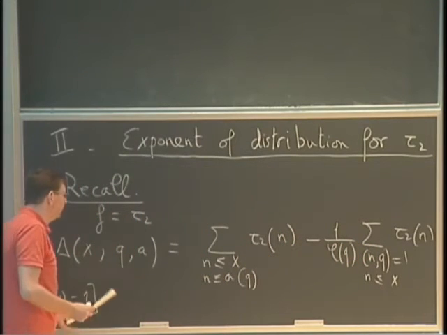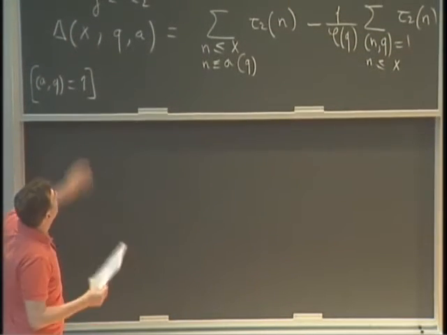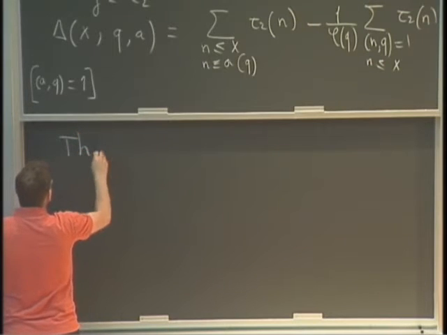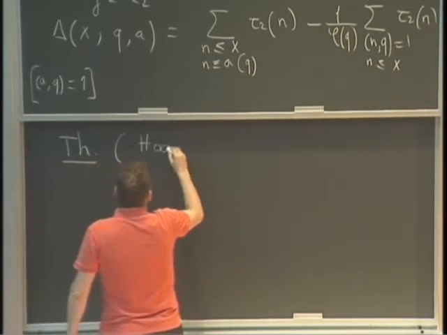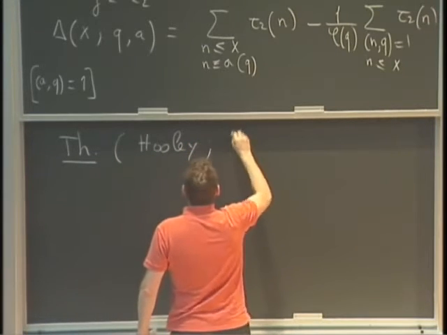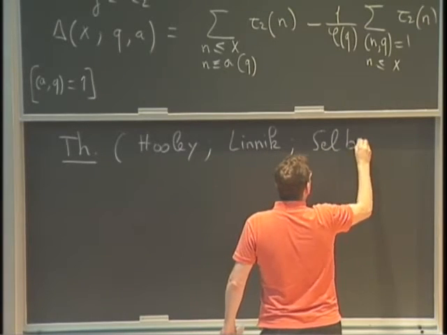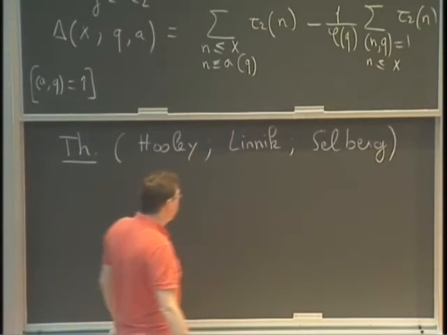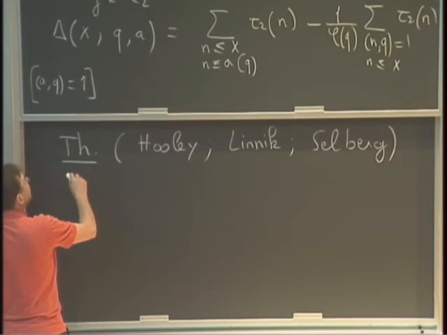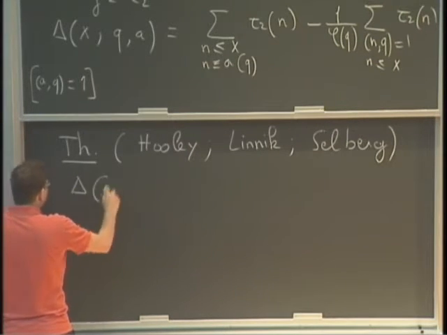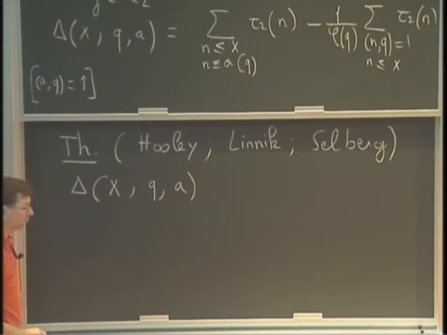So delta should be small, and the goal of today's lecture is to explain the proof of this theorem, which is due to, I don't know who noticed this first, but in alphabetical order, it seems to have been observed at least by Hooley, Linnik, and Selberg in the 60s, and which states that, so I'm going to state it as an estimate and then deduce what it means in terms of exponents of distribution.